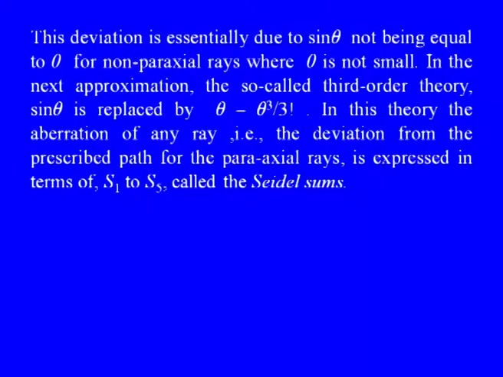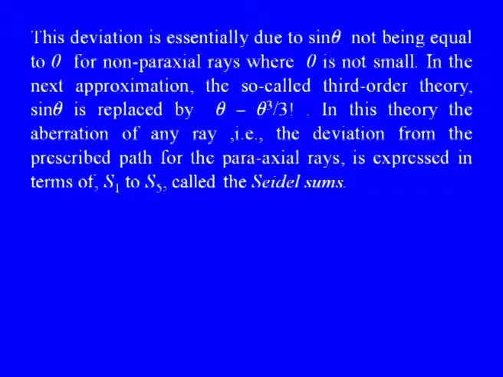This deviation is essentially due to sin theta not being equal to theta for non-paraxial rays, where theta is not small. In the next approximation, the so called third order theory, sin theta is replaced by theta minus theta cube divided by factorial 3.